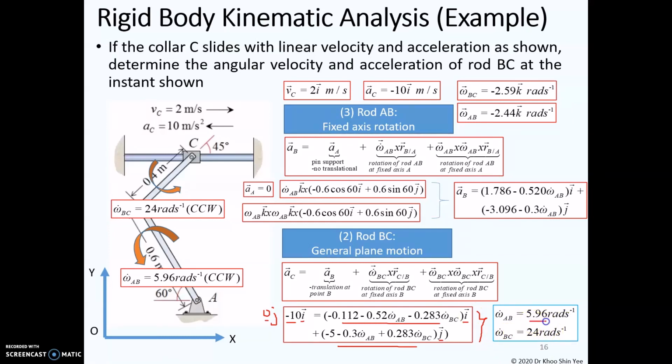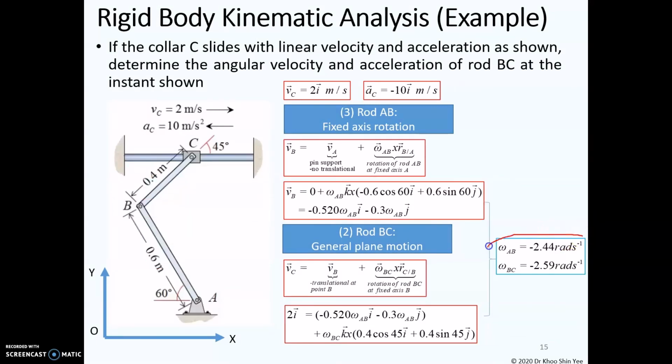Since you have the positive value for the angular acceleration, we know that they are rotating counterclockwise. By substituting the omega dot AB into this equation, you can obtain the acceleration at point B. Forgot to mention, if you substitute the omega AB that you obtained previously into the velocity equation here, then you can find the velocity at point B as well.